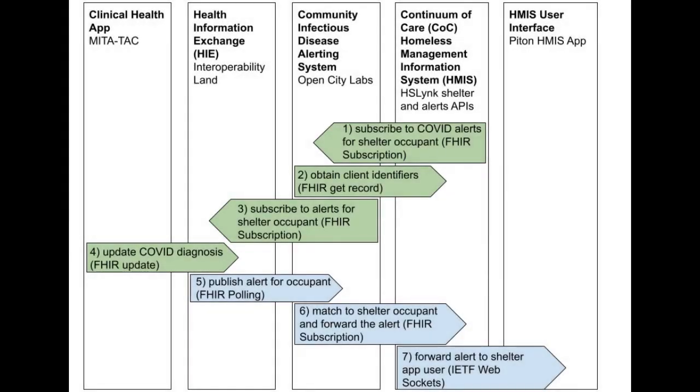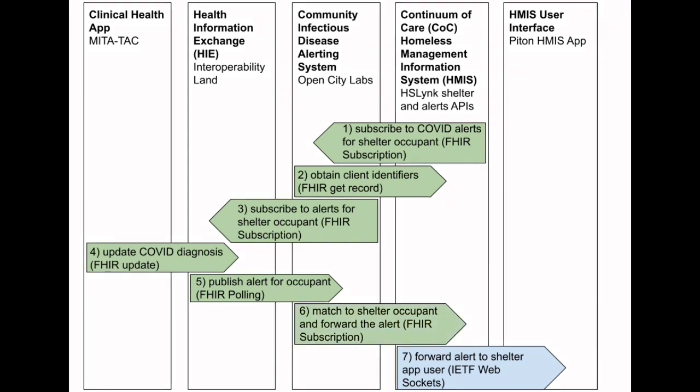Based on this positive result for suspected COVID health concern, 5. The EHR publishes the change in condition for the patient ID either through a FHIR subscription mechanism or through a FHIR GET polling mechanism. 6.